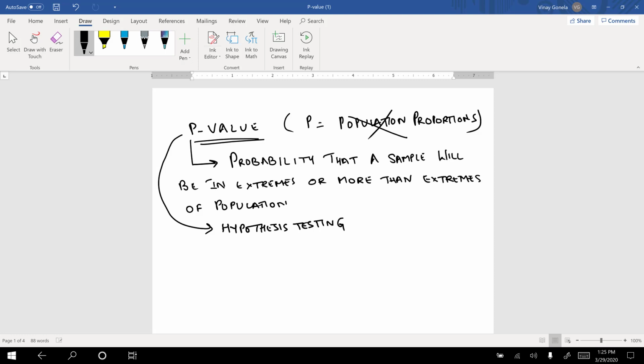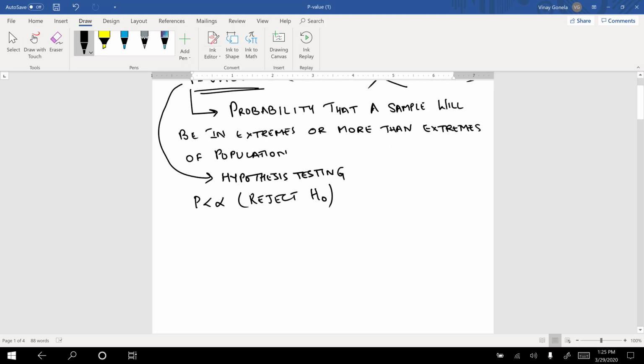And in statistics you will hear a lot that p-value less than alpha, you will reject your null hypothesis. So usually what it means is you are just looking at your normal distribution curve from extremes.